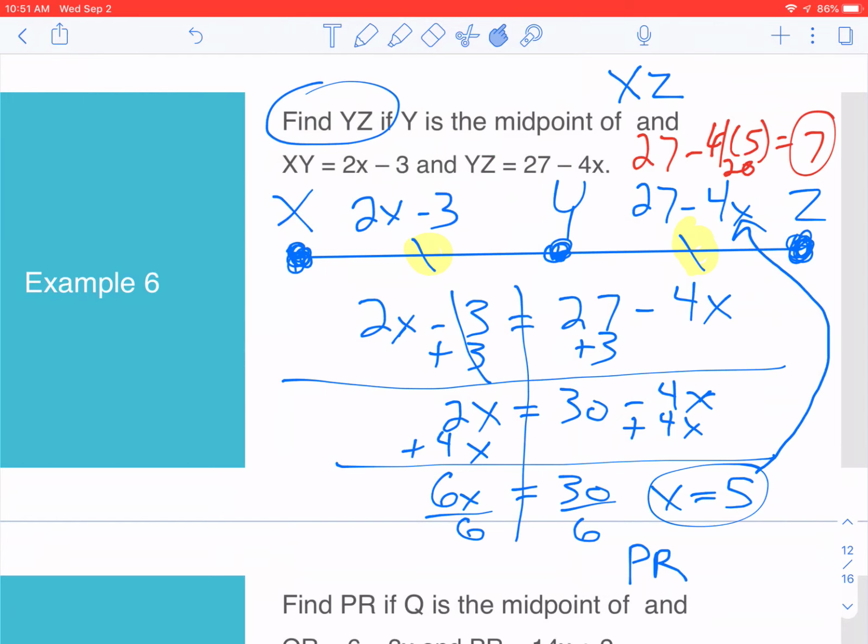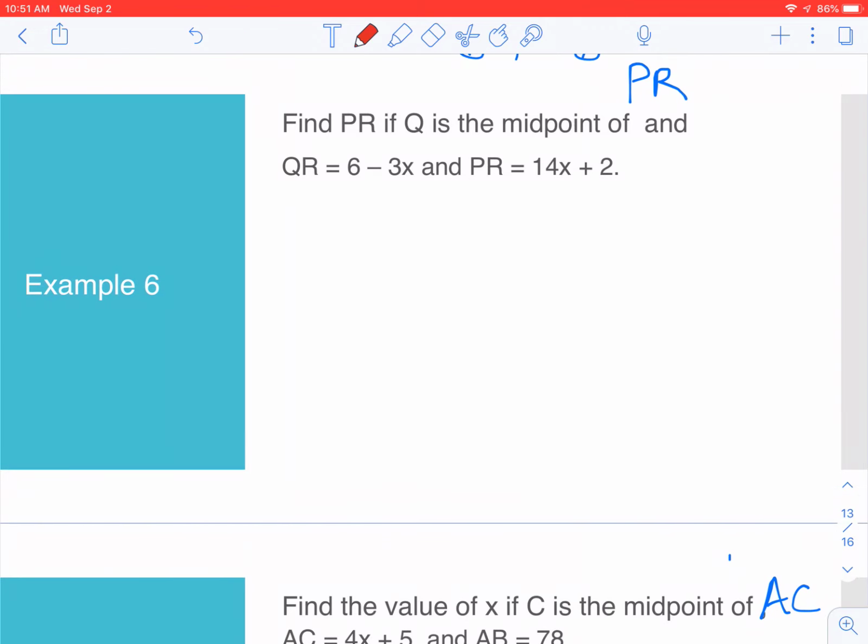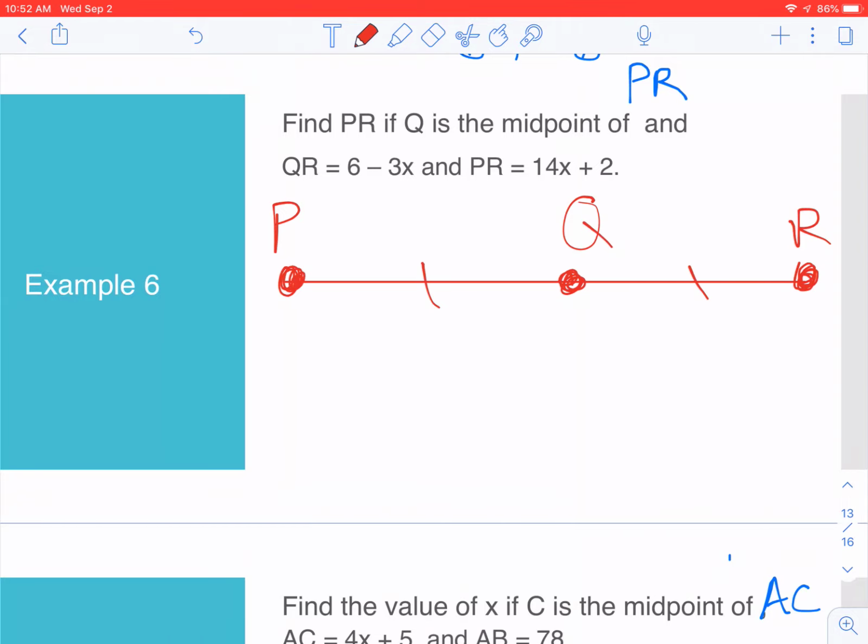Okay, my next one I'm going to do is I need to find PR if Q is the midpoint of PR. So here's my line. Here's PR. Here's Q. I'm going to make them congruent.